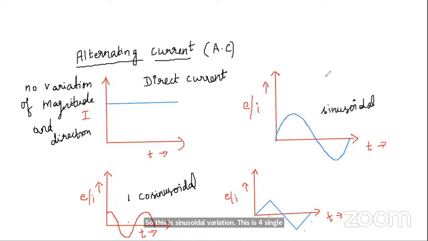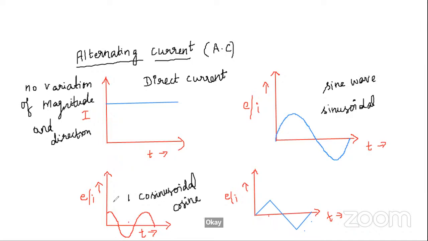Nothing but simply you can say this is a sine wave and this is a cosine wave. Cosine wave means it starts from maximum value and the magnitude and direction change periodically. Sine wave means it starts from 0 and magnitude and direction change periodically.